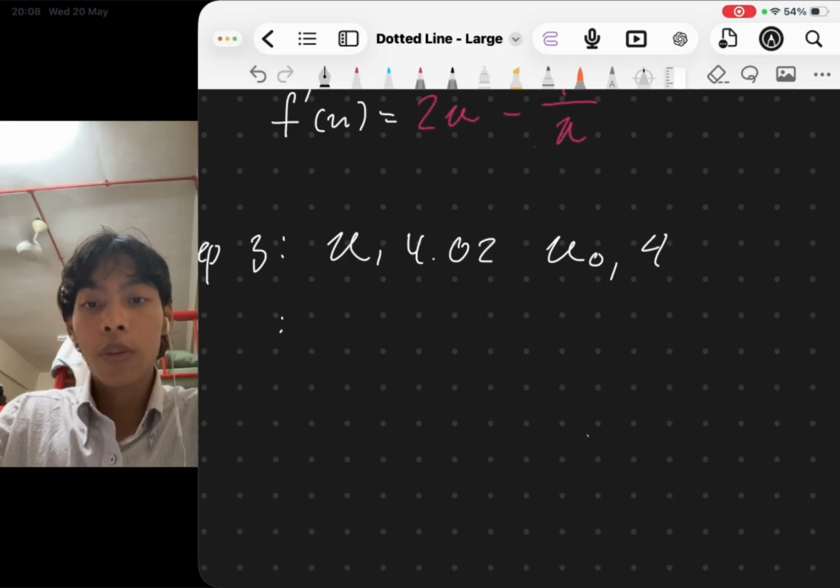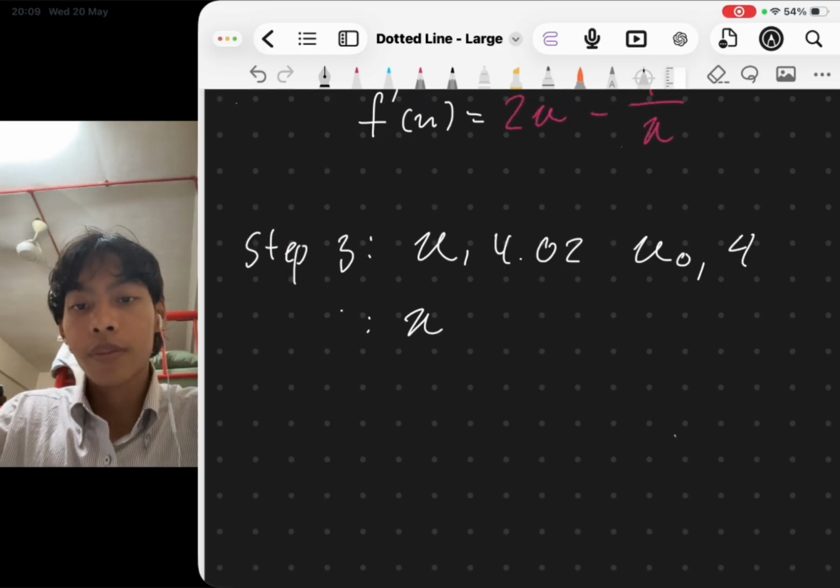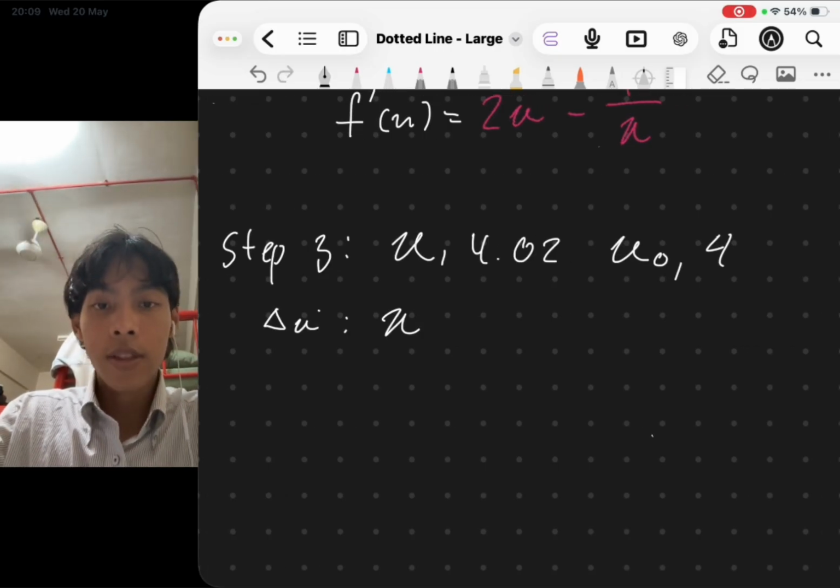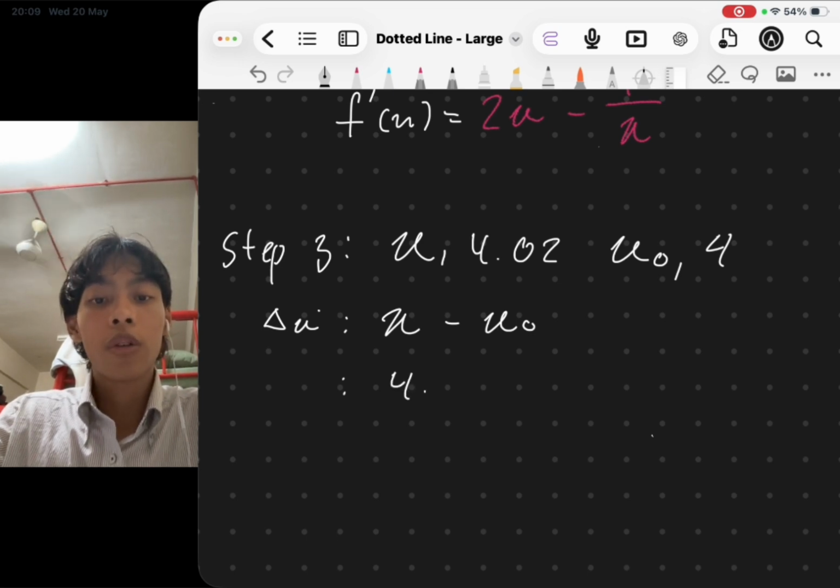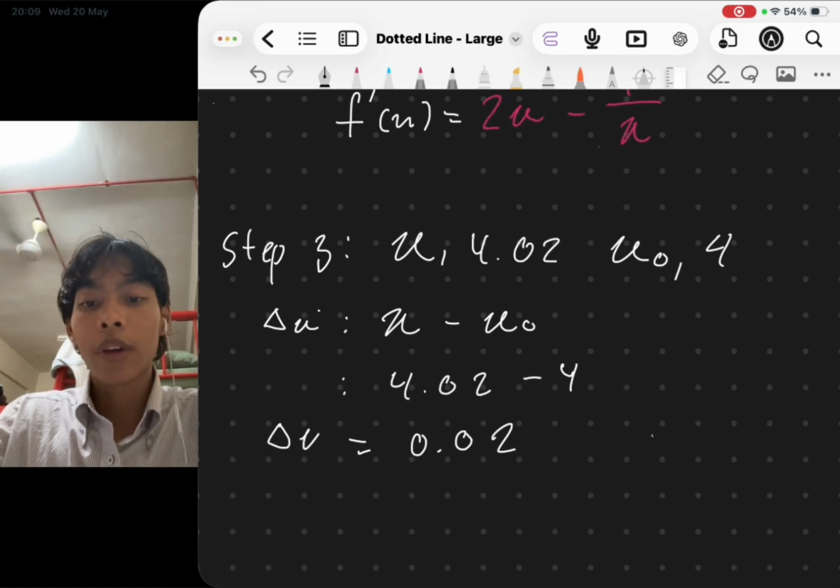The formula for the slope of x is x minus x0. So that will get us 4.02 minus 4, which gives 0.02. This is the slope of x.